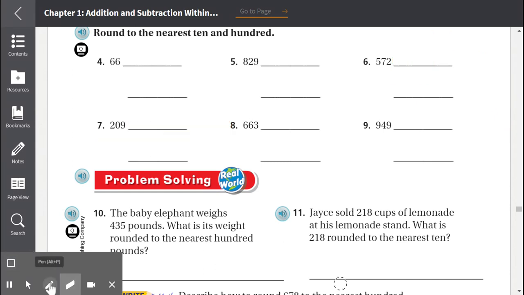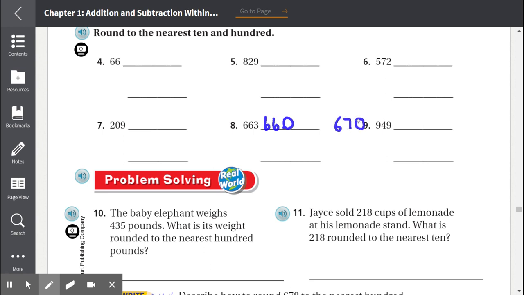Now we're on to number 8. We're going to round 663 to the nearest tens, and then we're going to round it to the nearest 100. So 663 would be between 660 and 670.